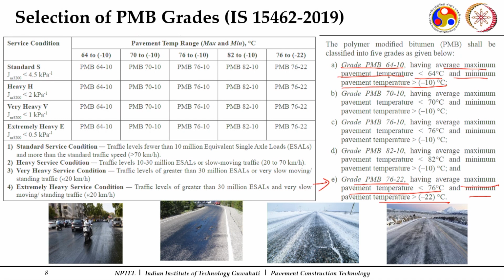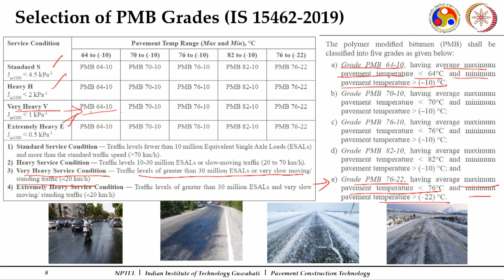In addition to this, it says for different traffic levels also: standard, heavy, very heavy, extremely heavy traffic conditions. Let us pick up one case, when it says very heavy service conditions, traffic levels of greater than 30 million standard axles, or very slow moving traffic. For that particular case, it is preferred that you select any grade out of this particular one.